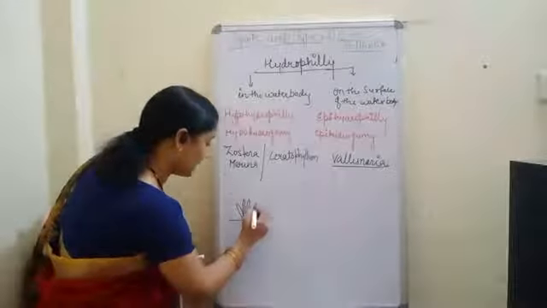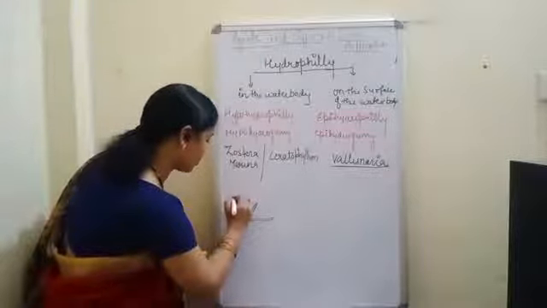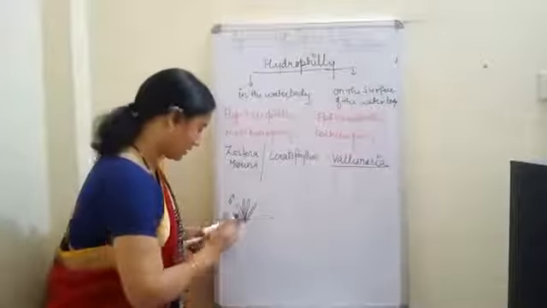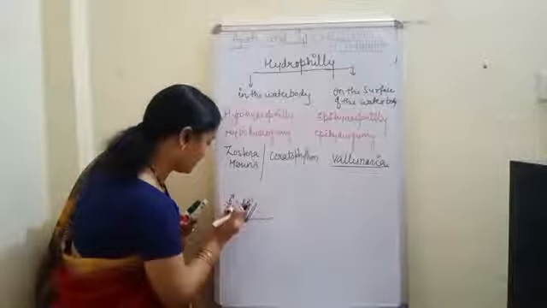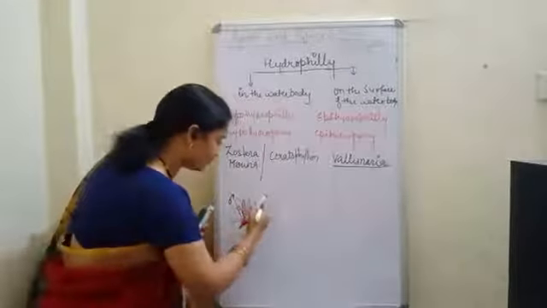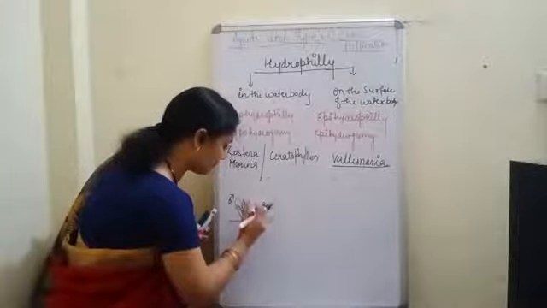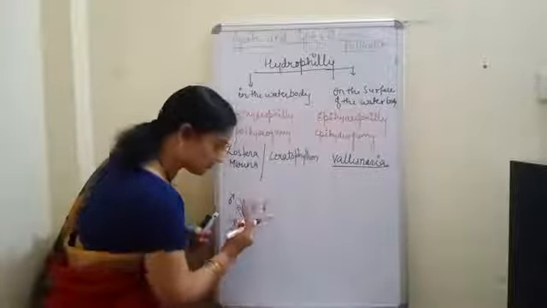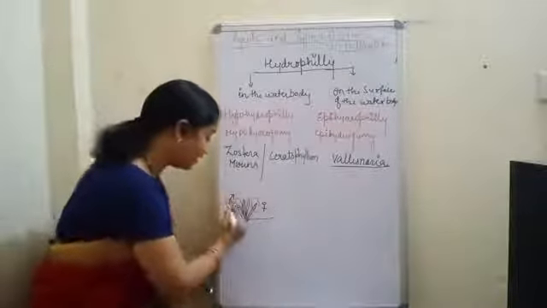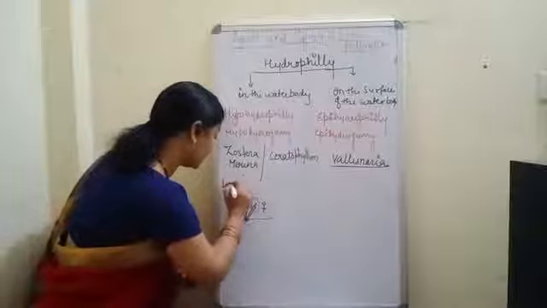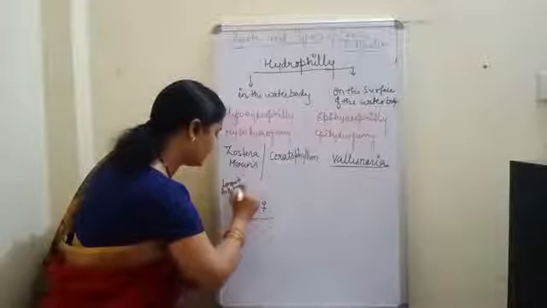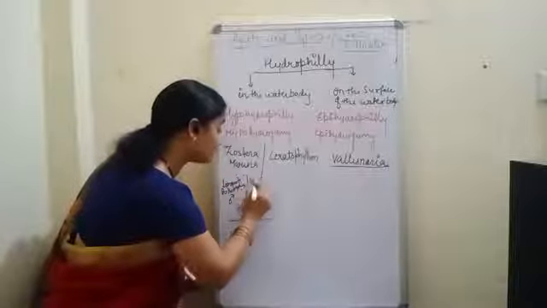This is the male flower. Suppose I am drawing one male flower here, and one female flower here. Now, Zostera has the longest pollen grain, and their pollen grains are spiny also.